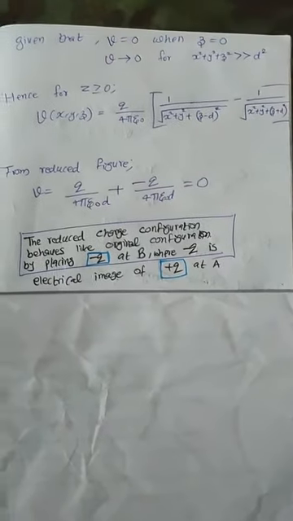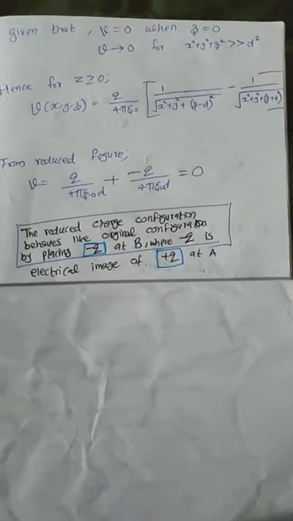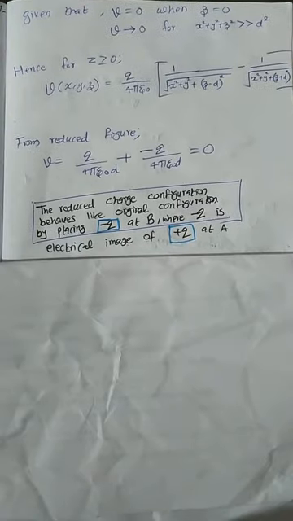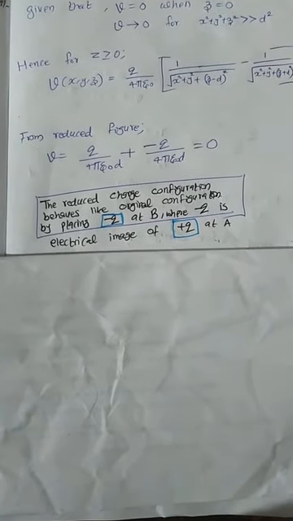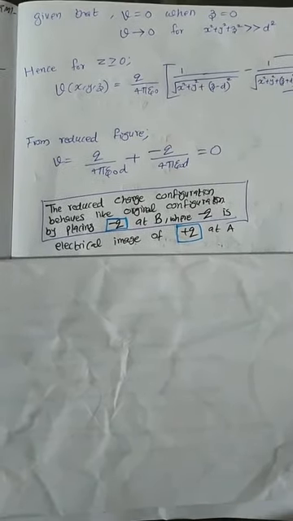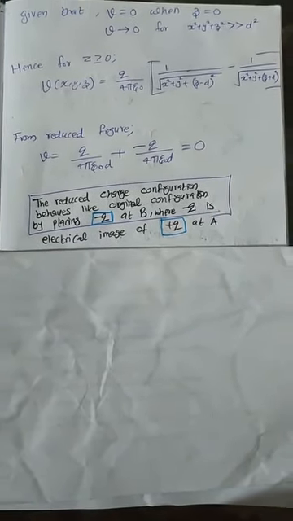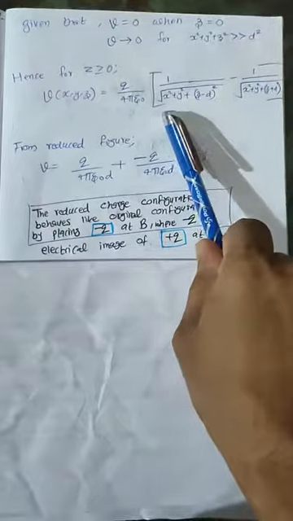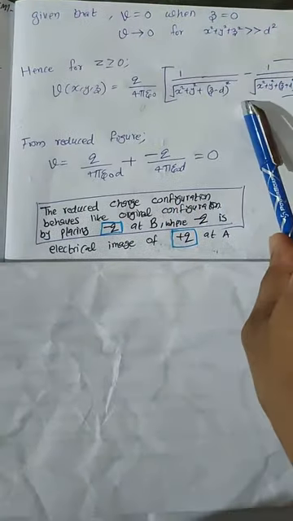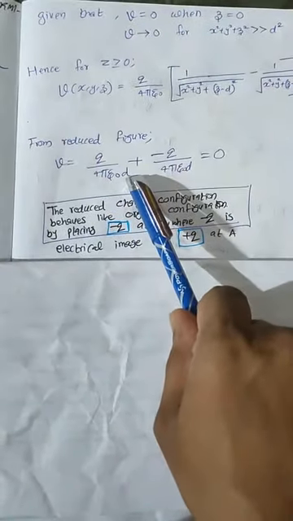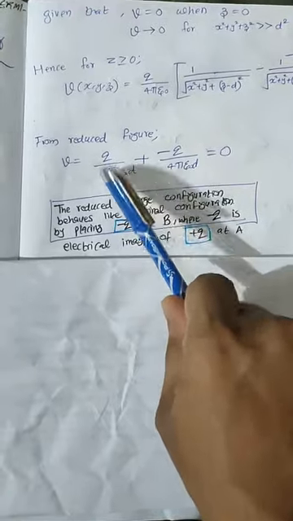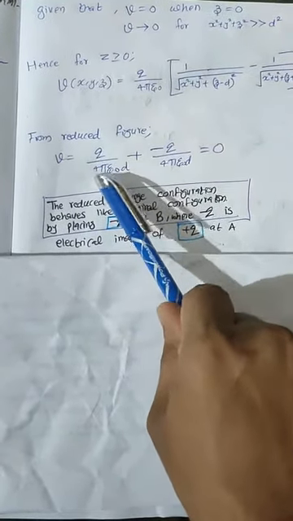These two conditions are the turning points that help us to find the value of the induced charge on this plane sheet. We have the equation that we are very much familiar with, and this is the equation that we have drawn from this diagram.